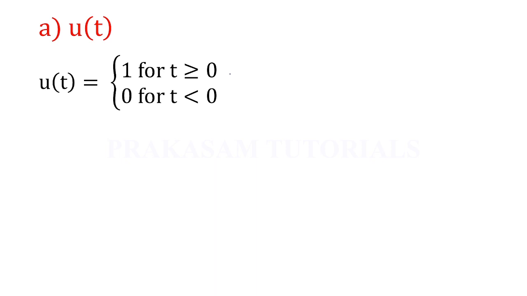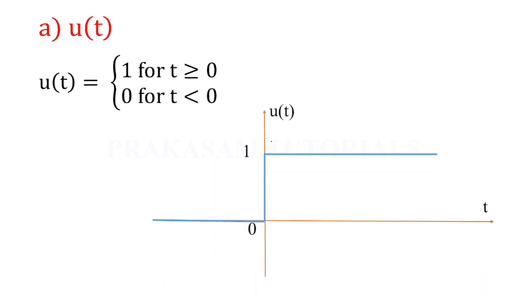So t greater than or equal to 0 means the range of t is 0 to infinity. For t equal to 0 to infinity, the strength of the unit step signal is 1.